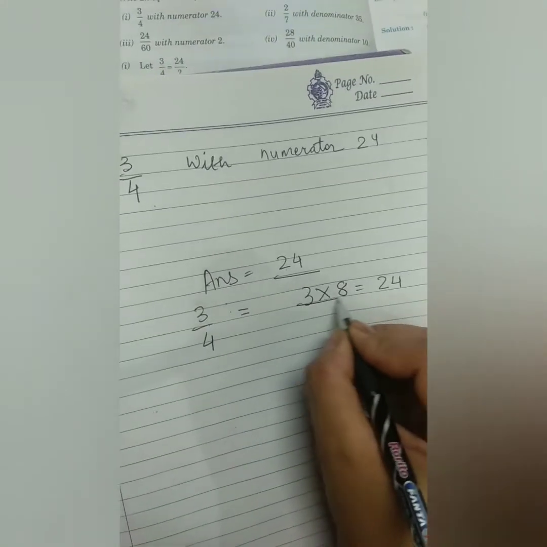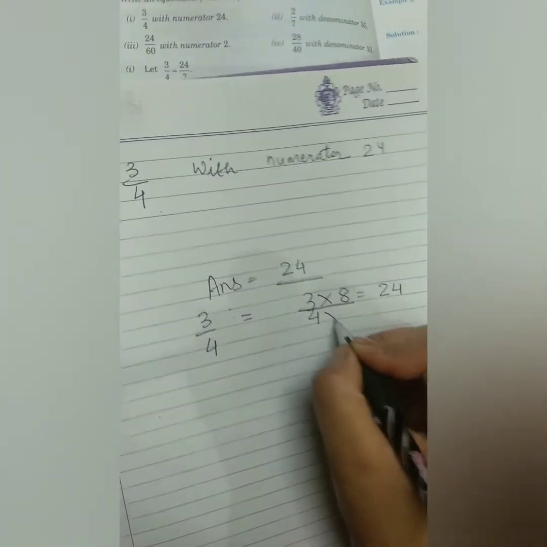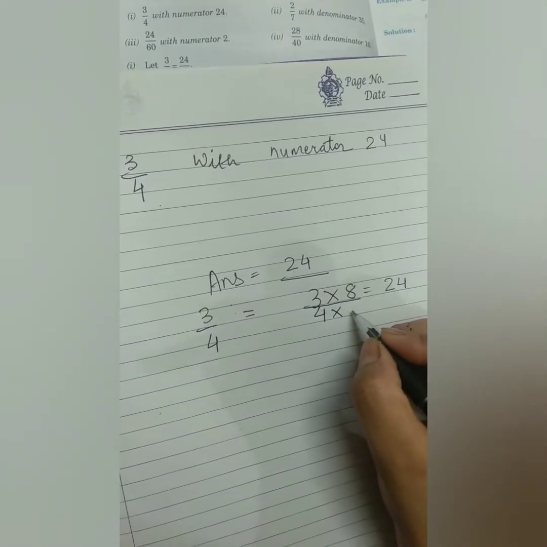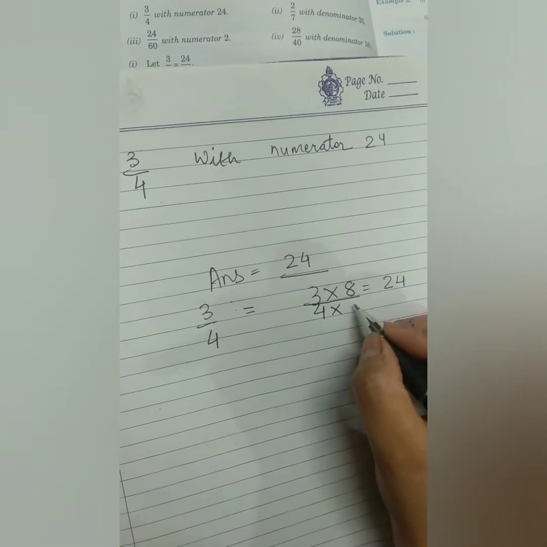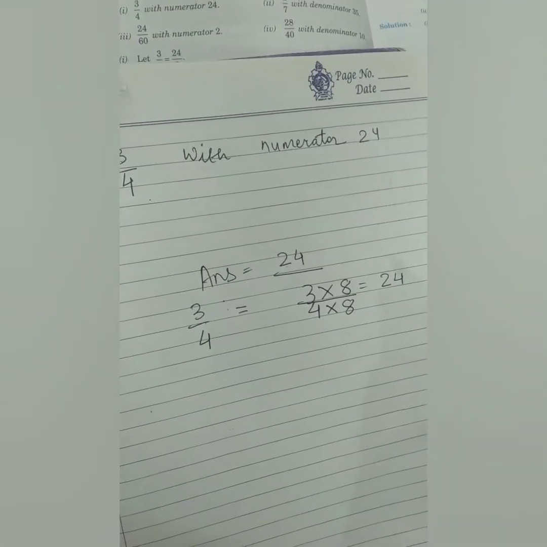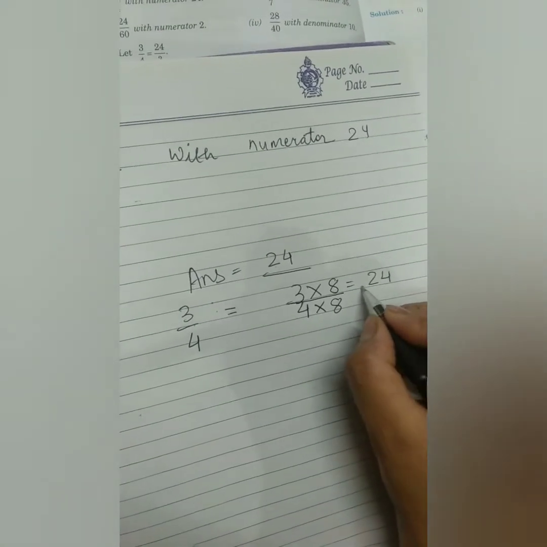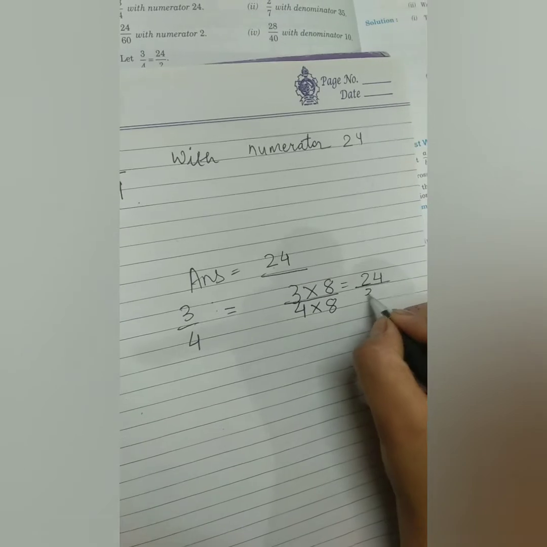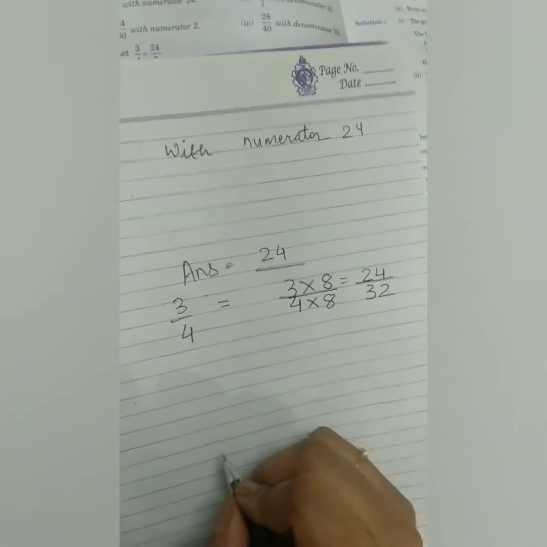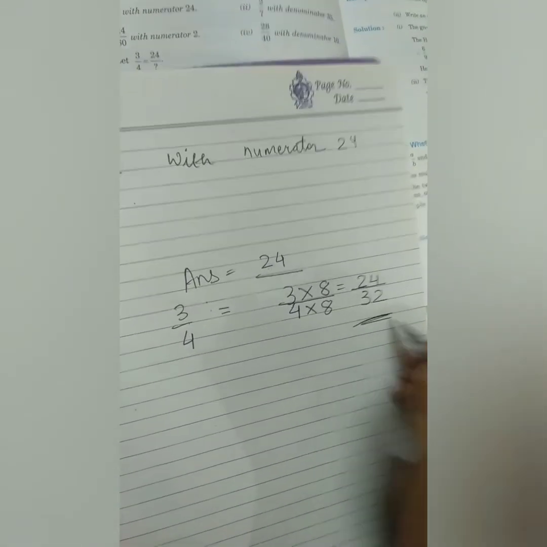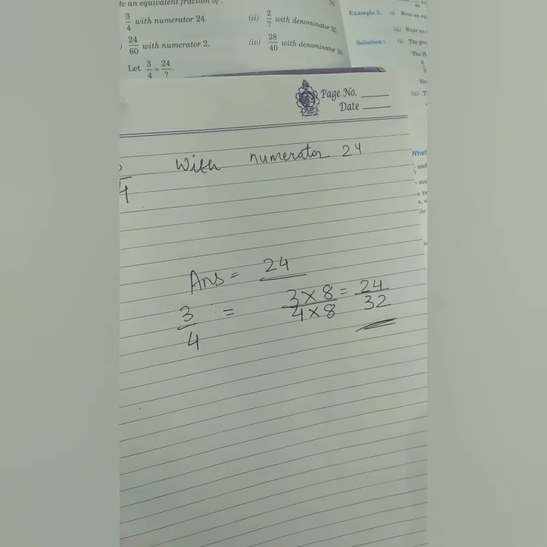And what I taught you, in equivalent fractions, you have to multiply the same number down also. That means 8 will come down also. So what will be the next fraction? Denominator: 4 8s are 32. So your answer is 24 by 32.